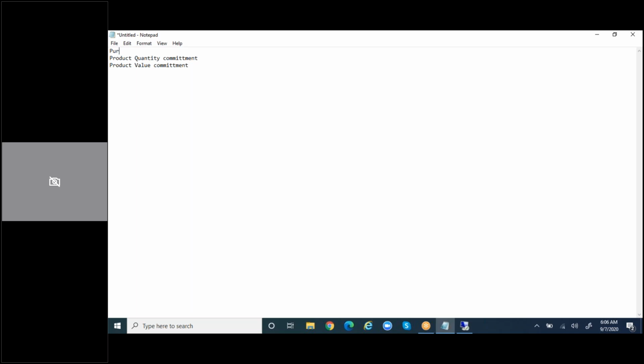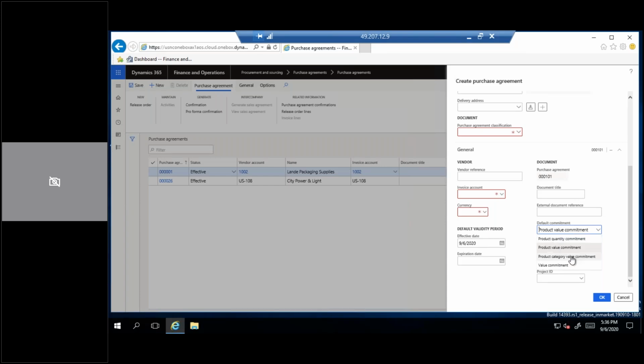So this is purchase agreements. In purchase agreements, we understood product quality commitment, product value commitment. Today we'll try to understand product category value commitment.